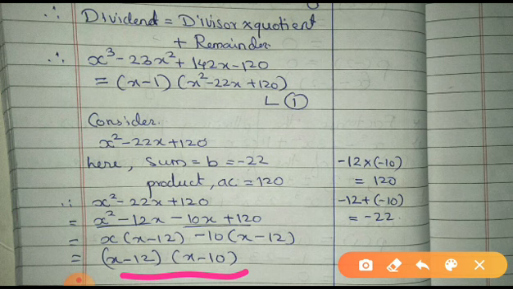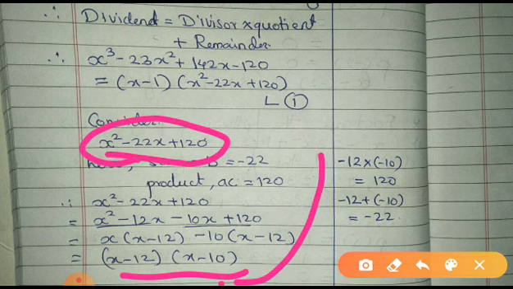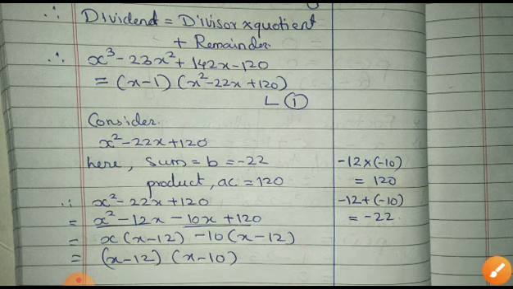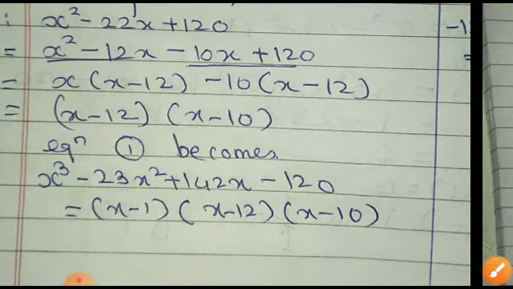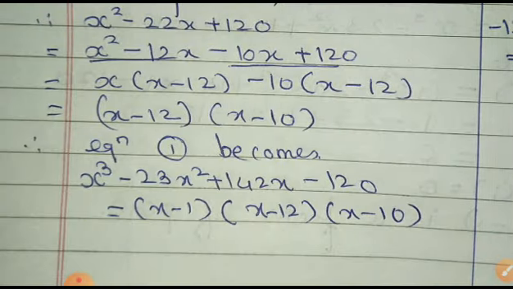Okay, so what to do now? This is same as this one, so just substitute the value in this equation. So it will be x minus 1 as it is. Instead of the second bracket, I'll be writing x minus 12 into x minus 10. Okay, hope this is clear.